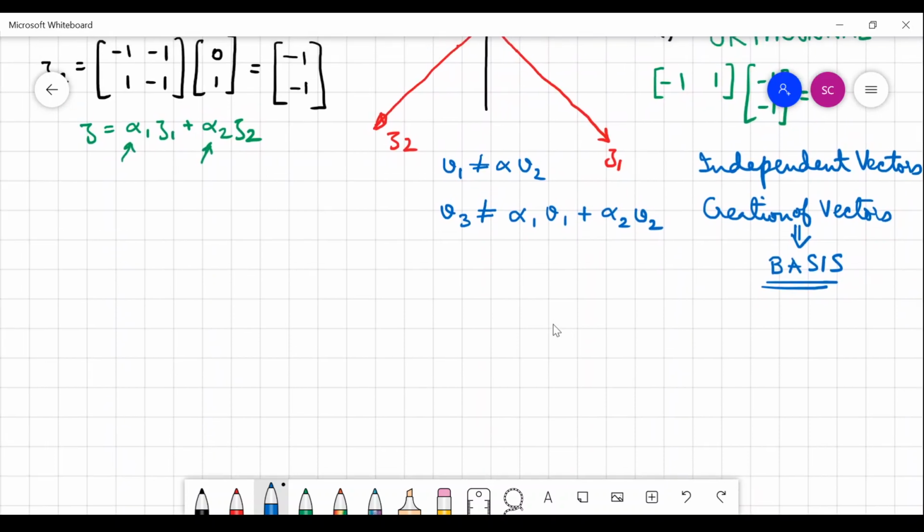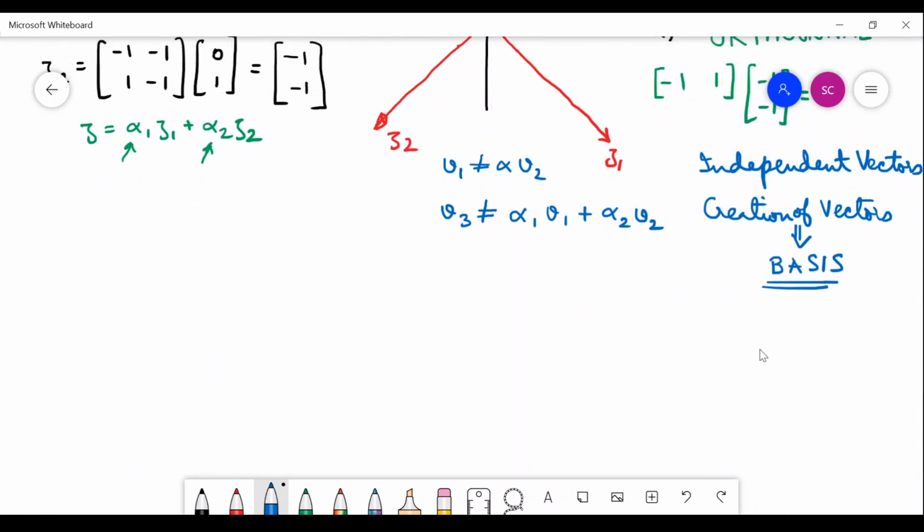How do we ascertain whether some given vectors are independent or not? We can come to the conclusion from these equations. Suppose we are looking at this equation. What we are trying to say here is that v3 must not be equal to alpha 1 v1 plus alpha 2 v2 for any value of alpha 1 and alpha 2.